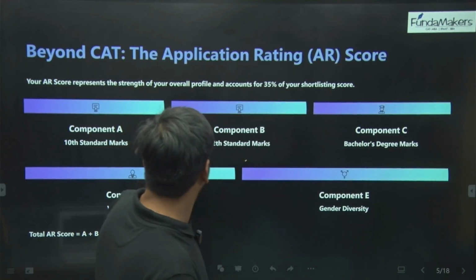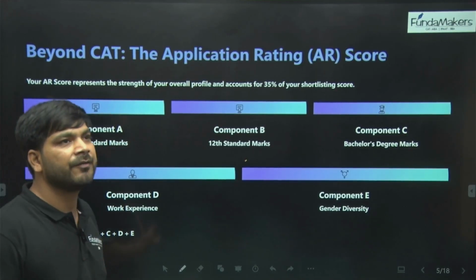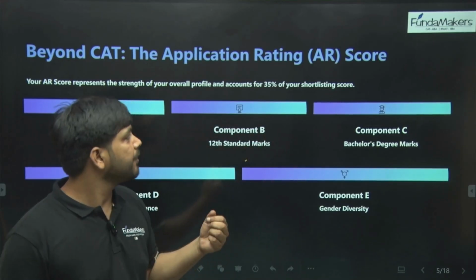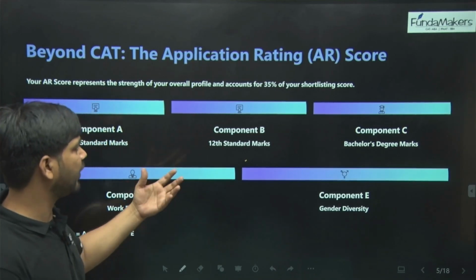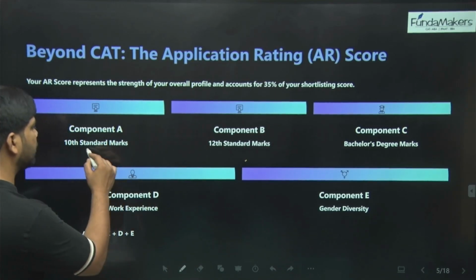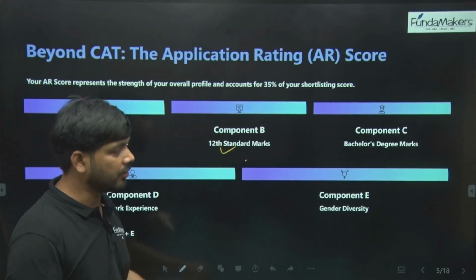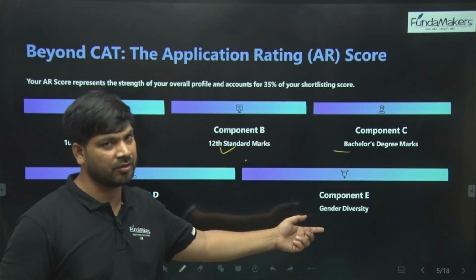Now, then we have another very interesting thing, and a lot of people are confused. We call it the application rating score. We don't call it, IIM Ahmedabad calls it. Application rating score comprises 5 components, right? One, your 10th standard marks, then your 12th standard marks, your graduation, your bachelor's degree, and then your work experience and your gender diversity.